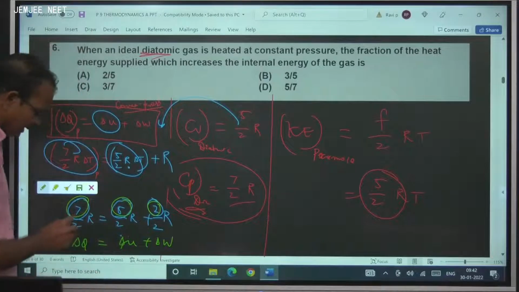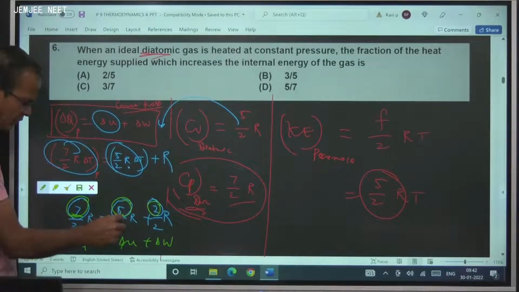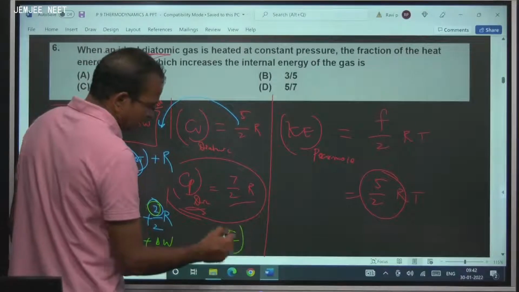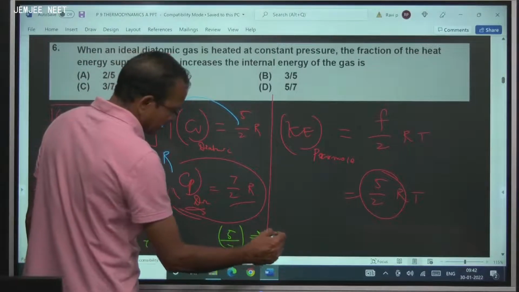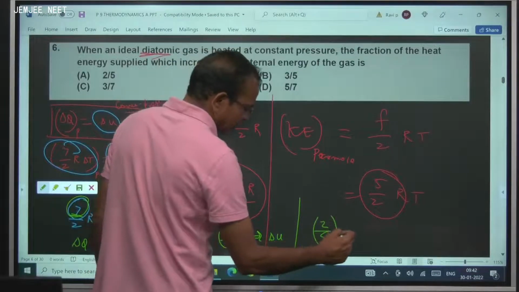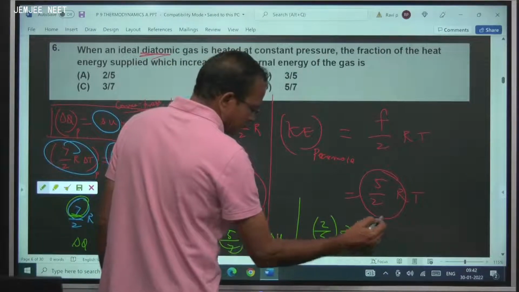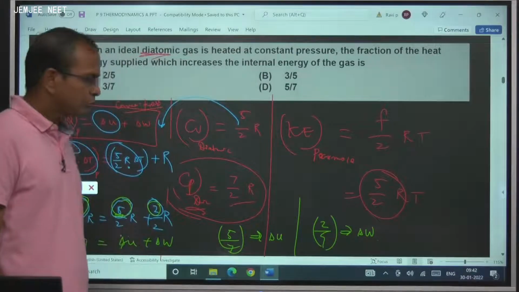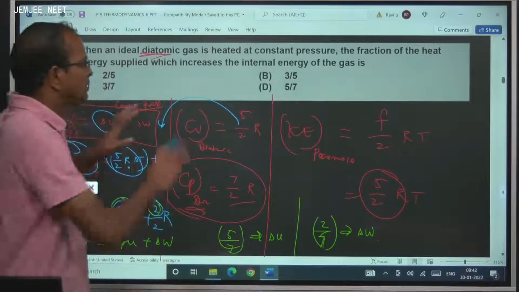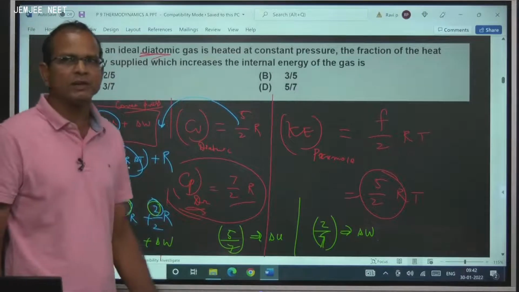So you supply 7 units, 5 units go for internal energy, means 5 out of 7 goes to internal energy. 2 out of 7 goes for work done. All this entire discussion is meaningful only for diatomic gas.